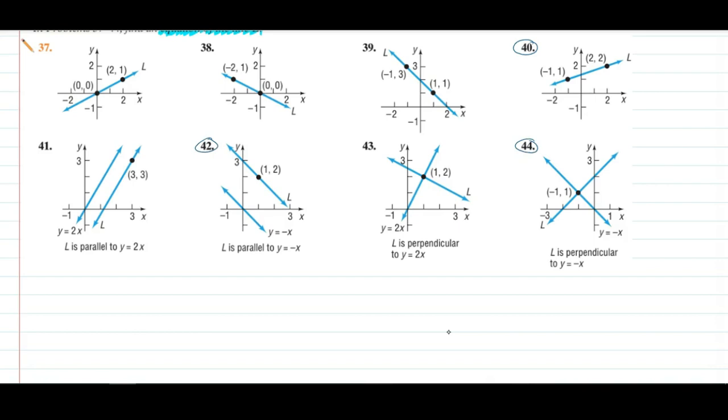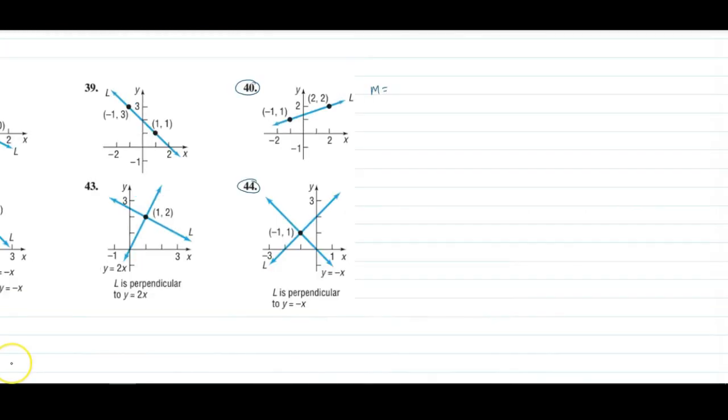All right, so let's talk about number 40 here. The slope of this line will be 2 minus 1, which is your rise, and then your run is 2 minus negative 1, and so you'll have 1 over 3 as the slope of this line. Now we're going to pick one of the points, and we'll start with negative 1 comma 1.